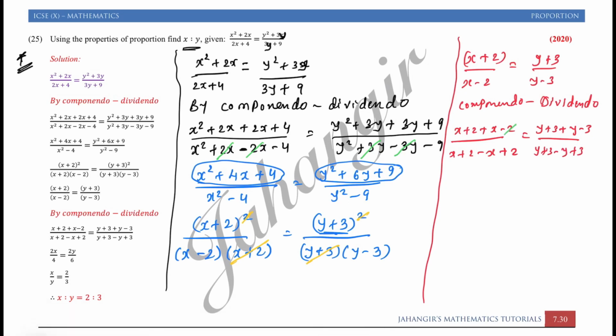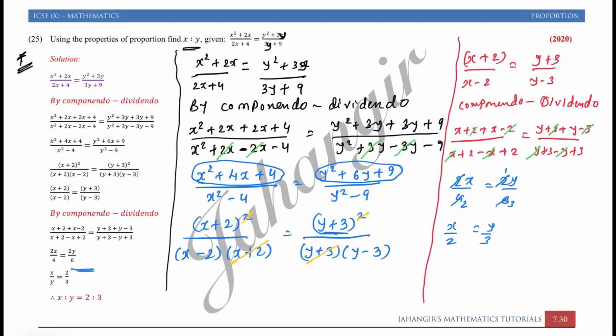Cancel out 2 and 2, x minus 3 plus 3 minus y plus y. So what you get, let me write down, 2x upon 4 is equal to 2y upon 6. So cancelling 2, 1s are 2, 2s are 2, 1s are 2, 3s are 6. So I will get x by 2 is equal to y by 3.